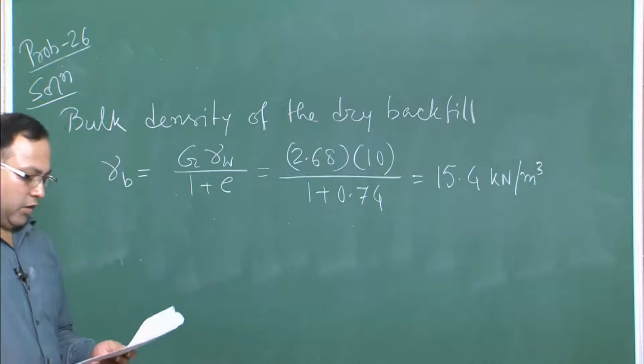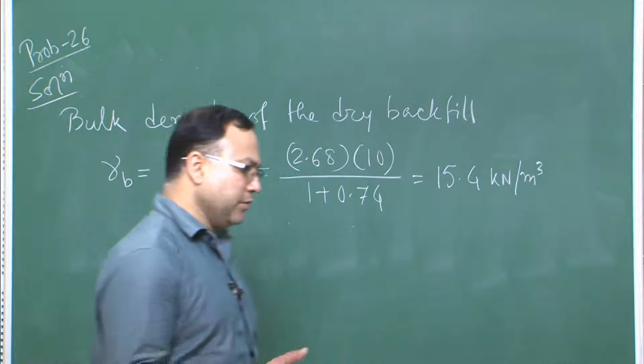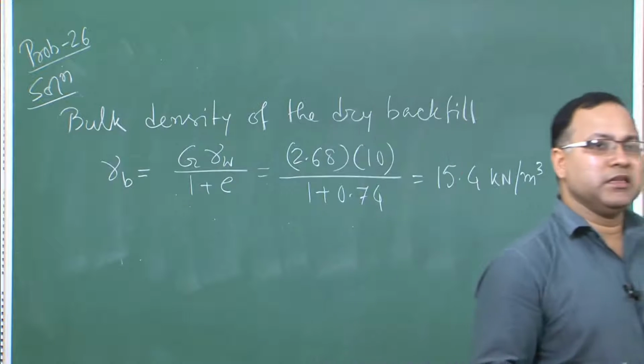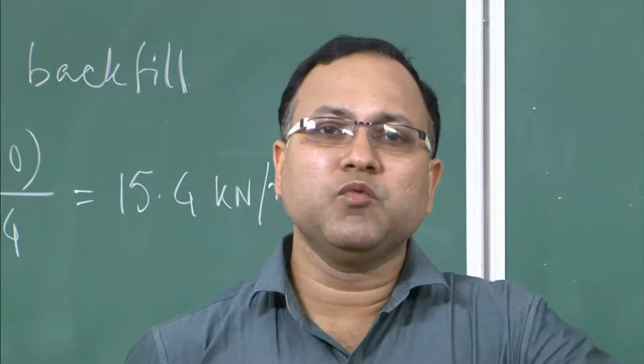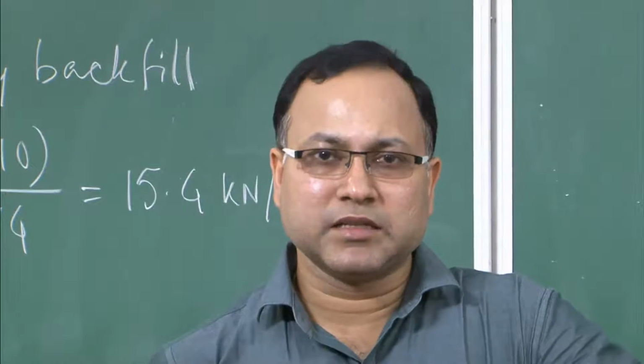Okay. Now, as the wall is rigid, because if the wall is rigid, that means there is no movement in the wall. So, if there is no movement, then what kind of earth pressure you are expecting? So, earth pressure at rest condition.